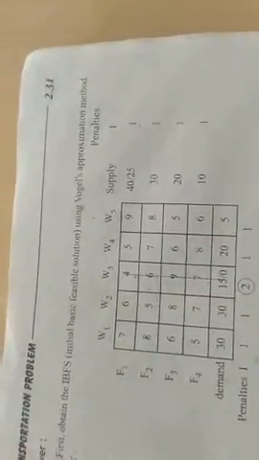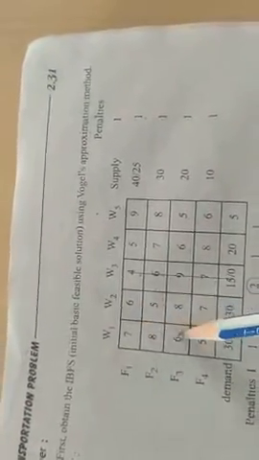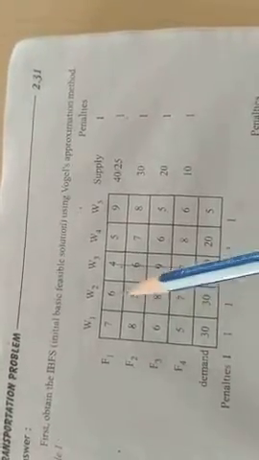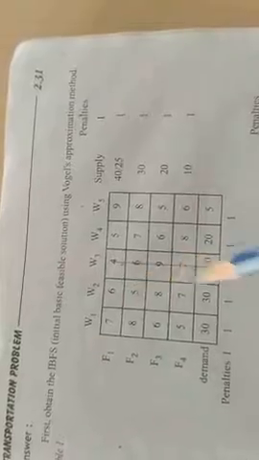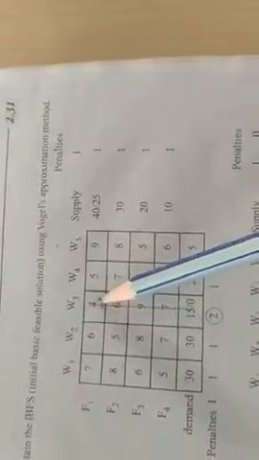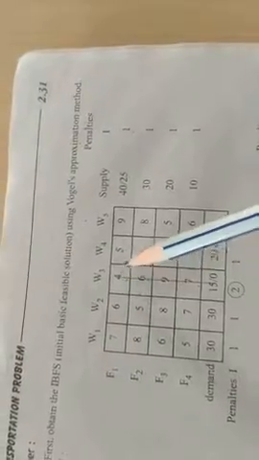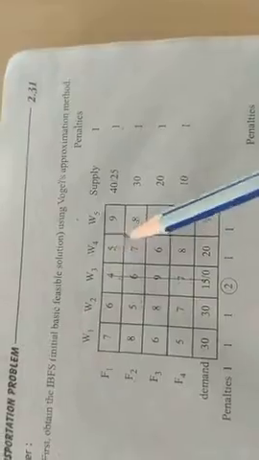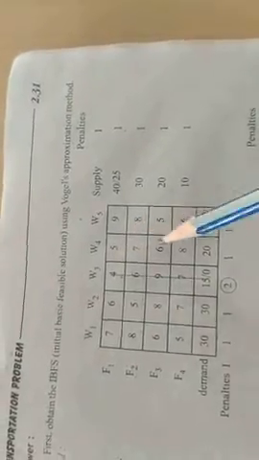Coming to the column side: 7, 8, 6, 5. The minimum elements are 5 and 6; 6 minus 5 is 1. Next column: 6 and 5, 6 minus 5 is 1. Next column: 4, 6, 9, 7. The minimum elements are 4 and 6; 6 minus 4 is 2. Next column: 5, 7, 6, 8.